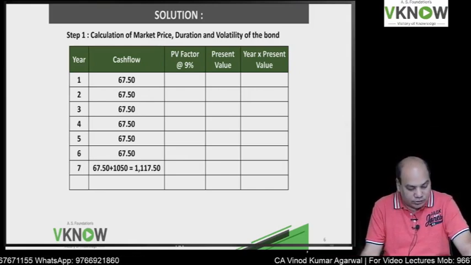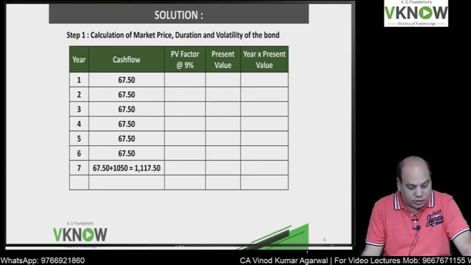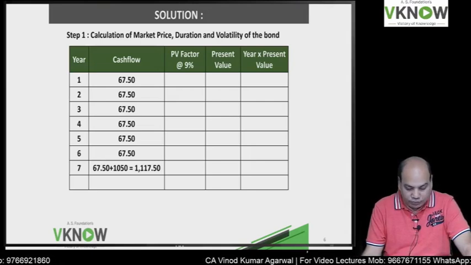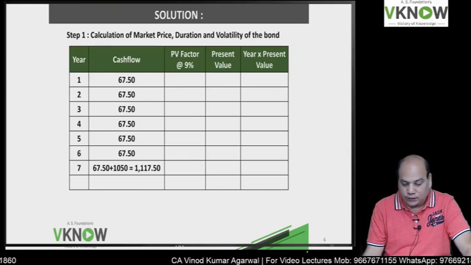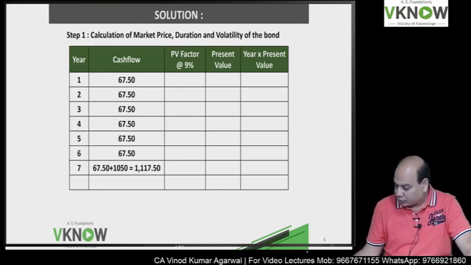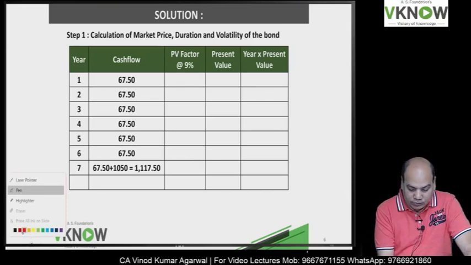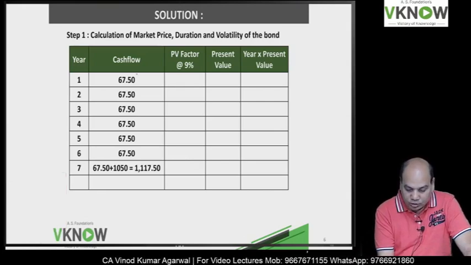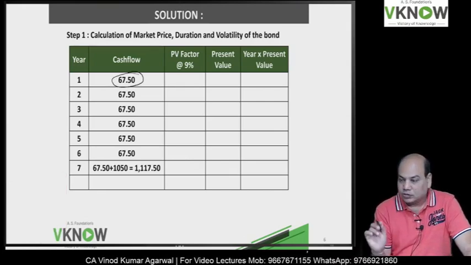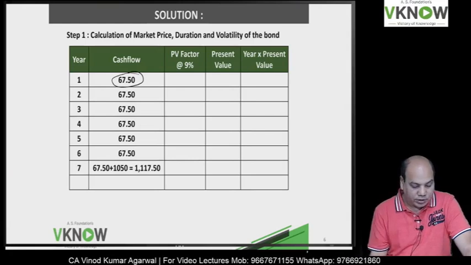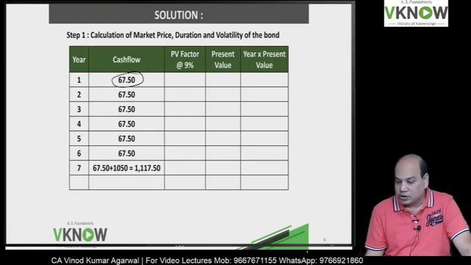The question has 1000 rupees face value and 6.75% coupon rate. For the first 6 years, year 1, 2, 3, 4, 5, 6, the investor will get a coupon of 1000 into 6.75%, that is 67.5.